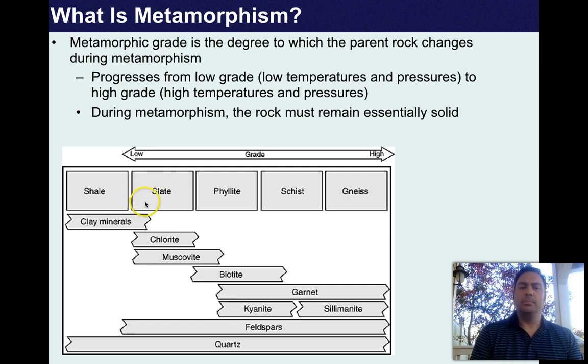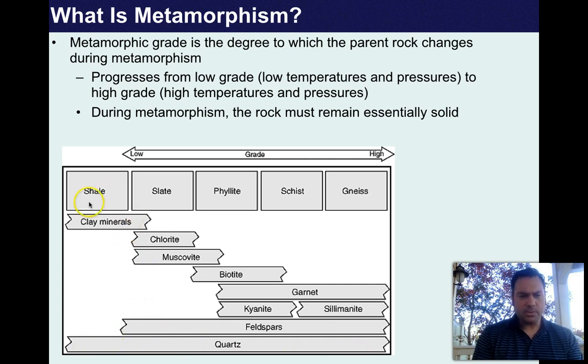And in a slate, we see that these clay minerals alter from kaolinite and things like this into things like chlorite and muscovite. Now muscovite you'll remember from the igneous rocks. So muscovite turns out is a relatively low grade metamorphic mineral, and it forms with chlorite. But quartz, notice down here, is pretty persistent.